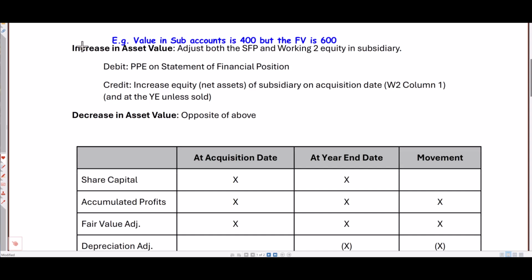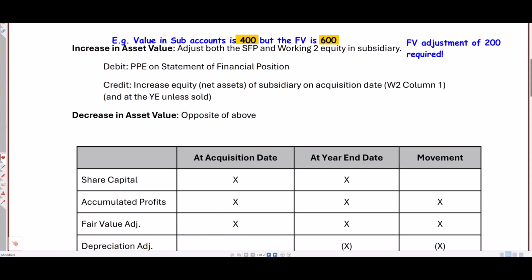Okay, so what we can see here is that in the accounts, it's sitting at 400, but the fair value is 600. We therefore need a fair value adjustment. We need to adjust it from the 400 up to the 600. So a fair value adjustment of 200 is required.